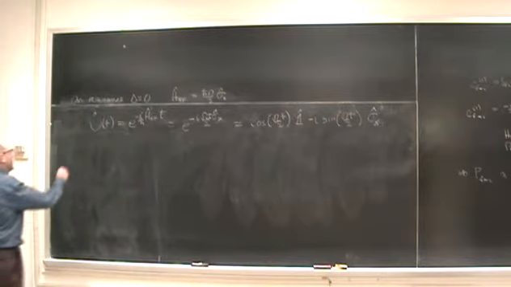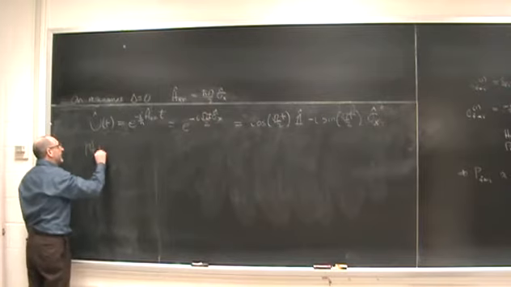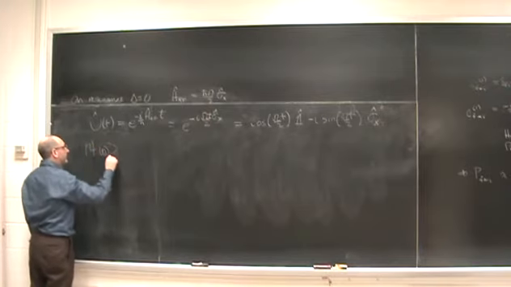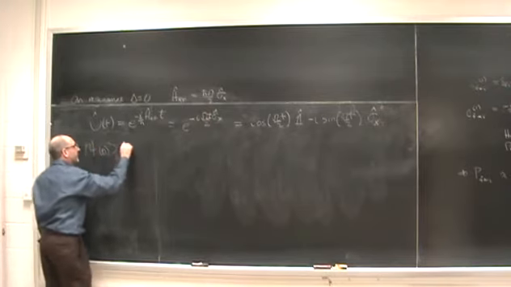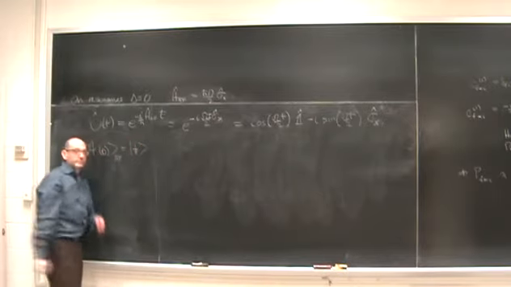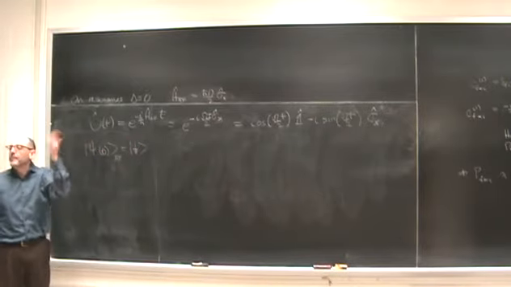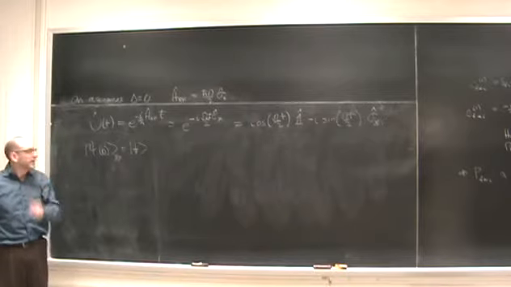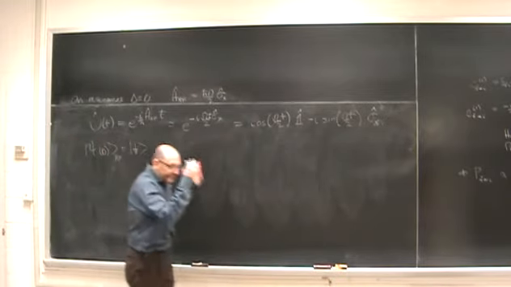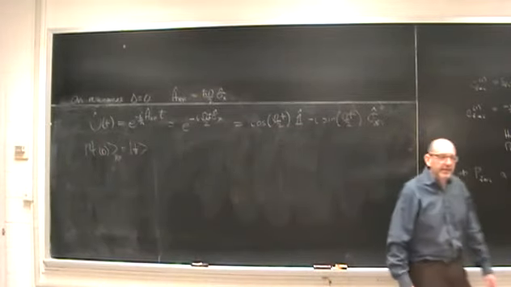And so my state, let's say at time t equals 0, is spin down. In that picture, I'm in the ground state. And it's also the state in the trivial picture at time t equals 0.